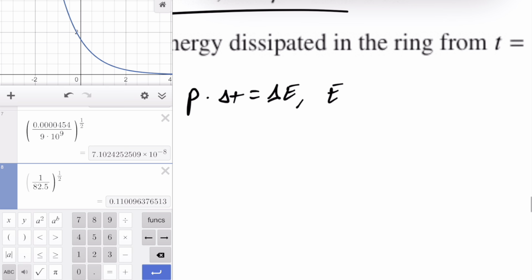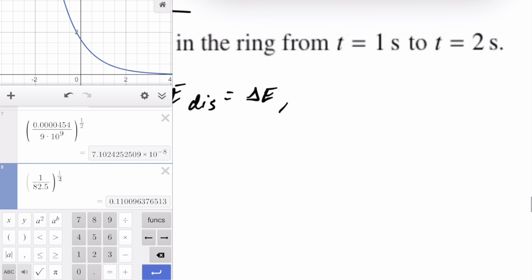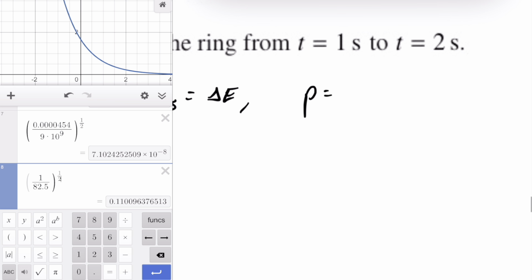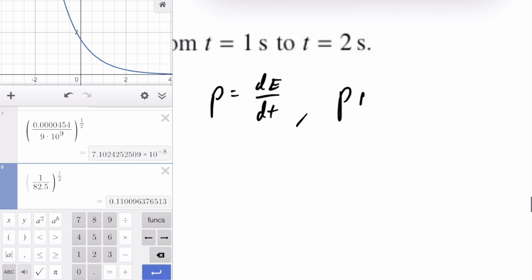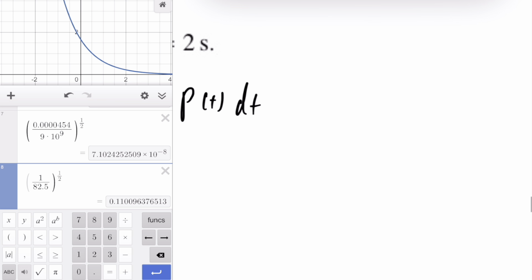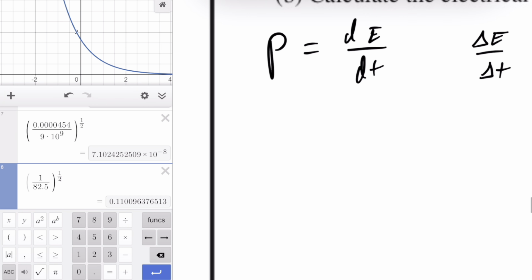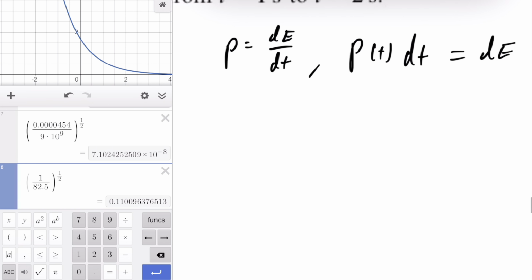And I know that E dissipated has to equal the change in energy. But now I'm going to introduce calculus to this, right? Because if P equals dE/dt, then if I have P as a function of t, dt, it has to equal dE. Here's my differential equation. I'm going to solve this differential equation. It's not really solving, it's just kind of doing. And I'm going to integrate from time 1 to 2, right?